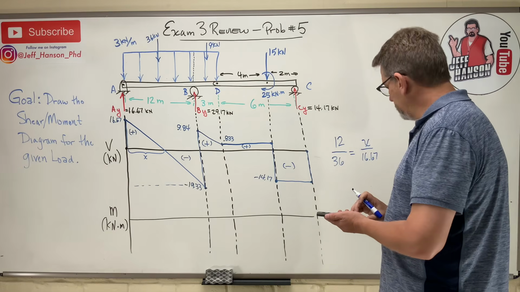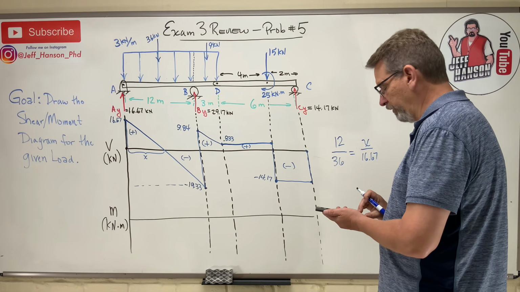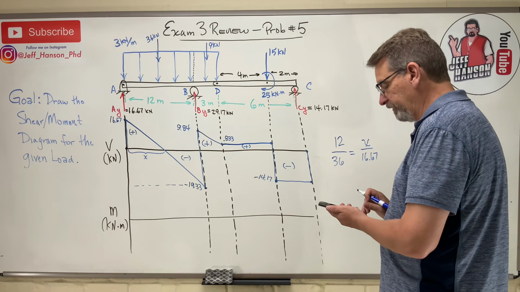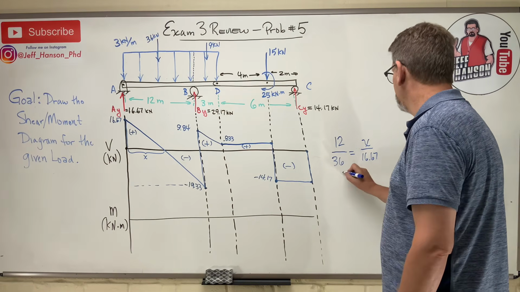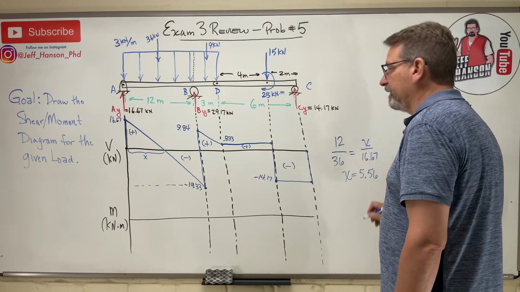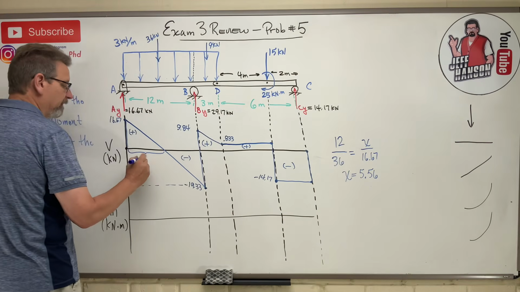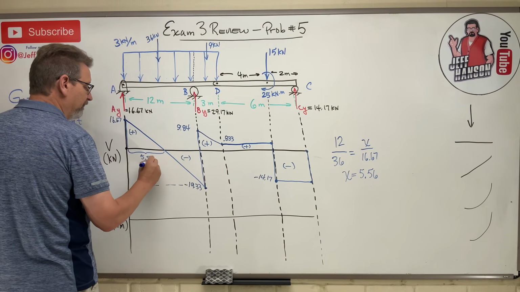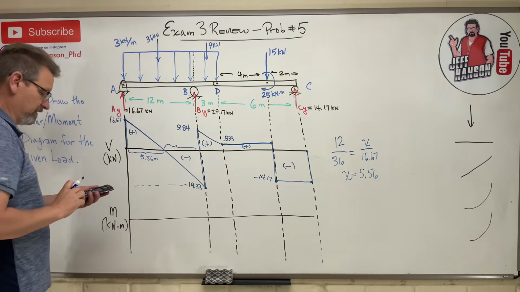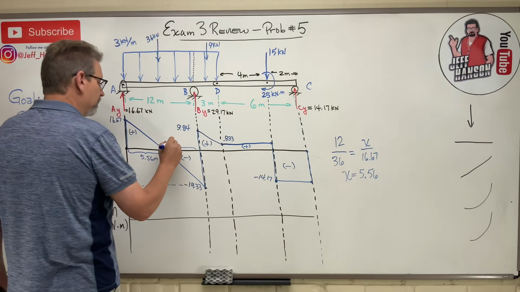So let's see, 12 divided by 36 times 16.67 equals 5.56. Okay, so this distance right here is 5.56 meters, which means that this distance over here is minus 12, 6.44 meters.